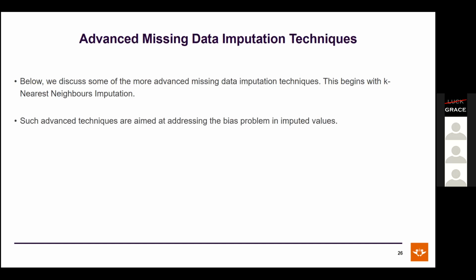So your listwise, case-wise, pairwise data deletion, mean substitution, median substitution, and moved on to regression methods and multiple data imputation, because those data imputation techniques reduce as much as possible the biases in your estimates. So now we're going to look at advanced missing data imputation techniques.